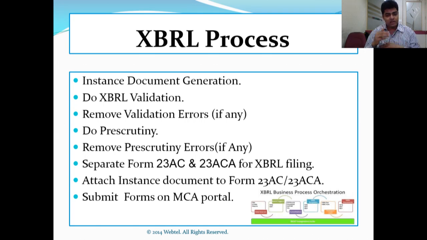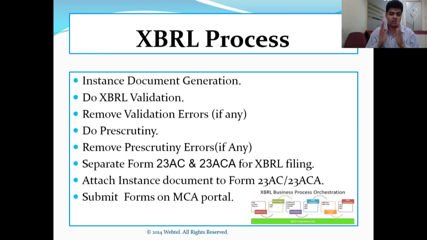After removing all your validation errors and pre-scrutiny errors, you attach that XML, which is also called the instance document, with the separate forms 23AC and ACA for XBRL filing, and then submit these forms on the MCA portal.